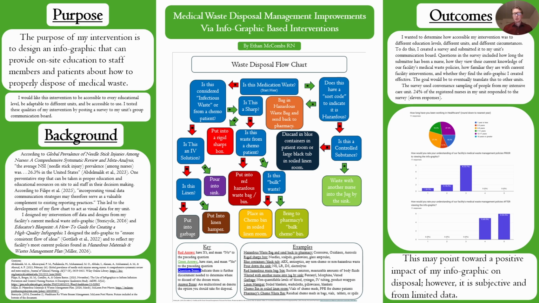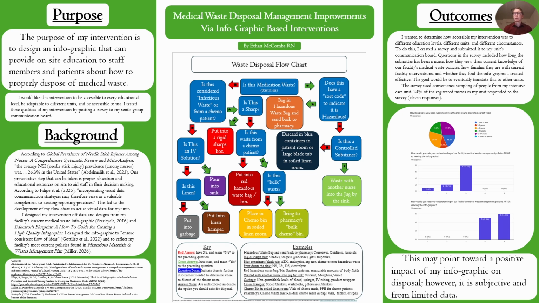And then afterwards, after viewing my infographic, viewed their understanding as a 4 to 5, with 5 being a good understanding. This may point toward a positive impact of my infographic on disposal. However, it is subjective and from limited data.